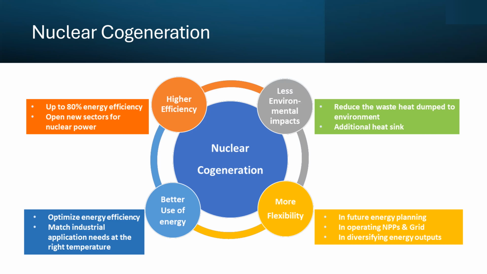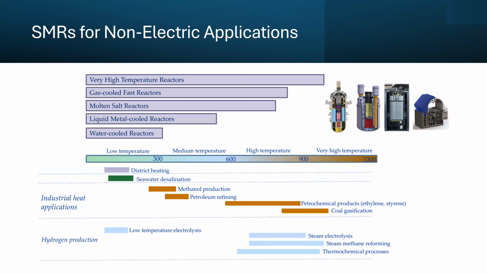It's more flexible. Small modular reactors are really good for the GCC because we have smaller grids, and 300 megawatt electric is very good in the case of Kuwait. We usually don't want to consider 1,000 or 1,500 because you need a lot of infrastructure for that.